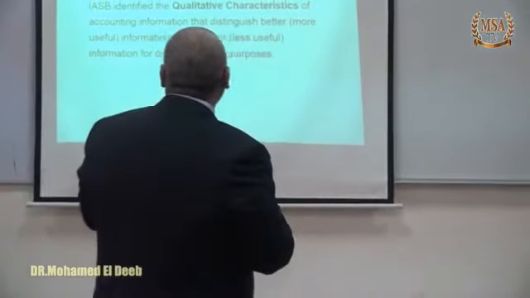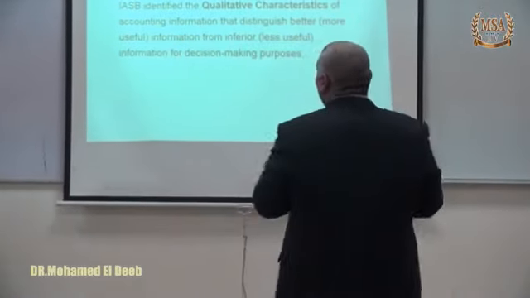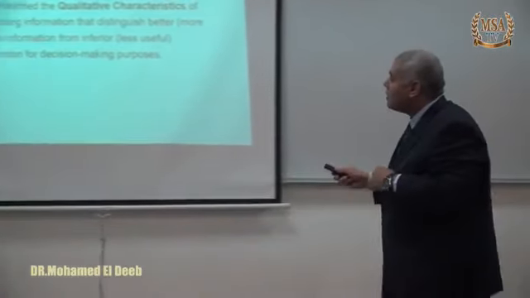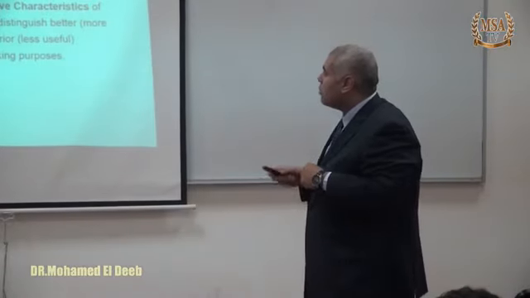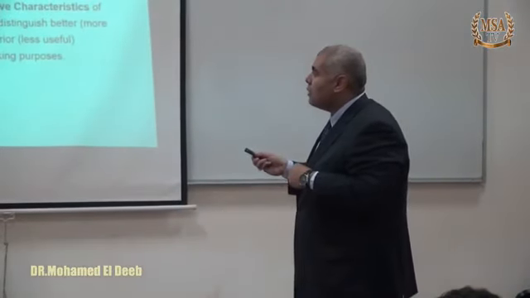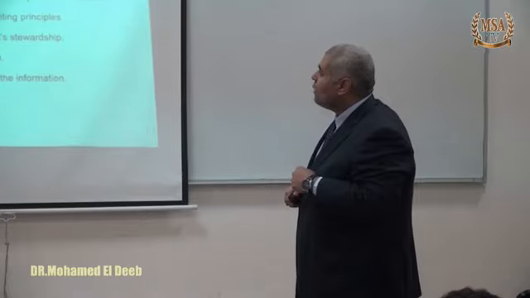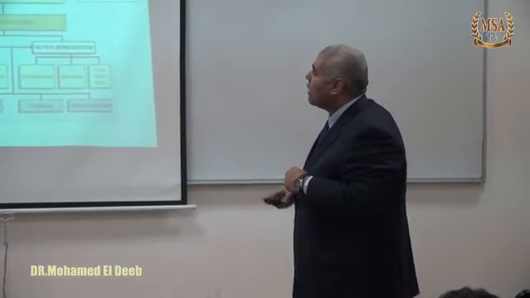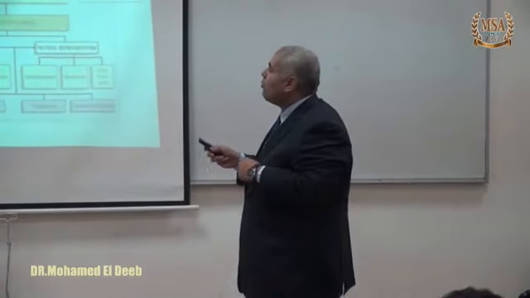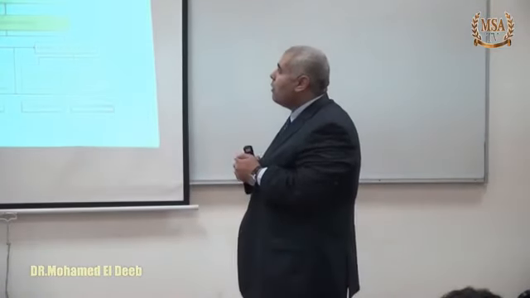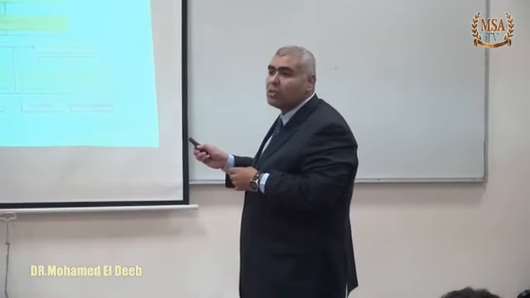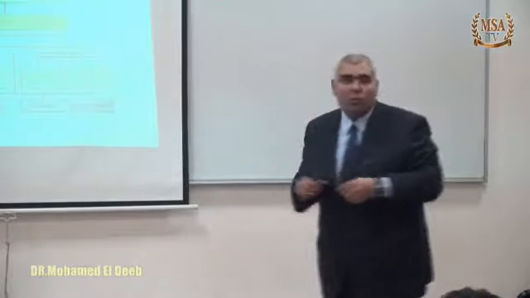That means we are trying to distinguish between more useful information and inferior, less useful information. When we are talking about that, we have to take into consideration that in order to provide information for the capital providers, we have a main constraint, which is the cost of the information to be provided.